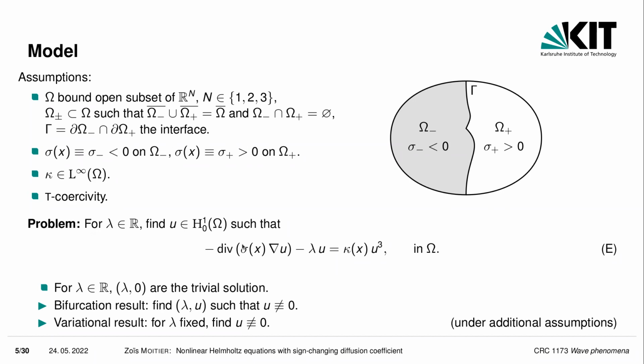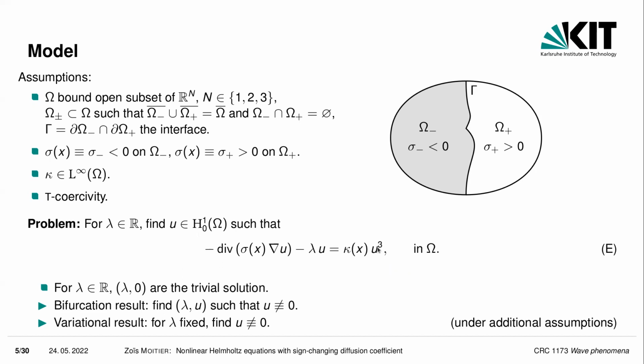It's a heterogeneous Helmholtz equation with a nonlinear term. Here we just put a cubic term. And sigma changes sign. So this is where it's more difficult.